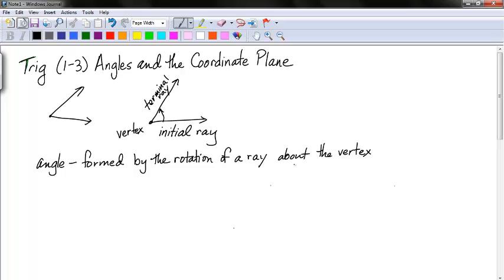The other difference in geometry, everything that you did in geometry with angles was positive. It was a positive 30 degrees, a positive 45 degrees. When we're doing angles, if you rotate that initial ray up, you're going to end up with a positive angle.